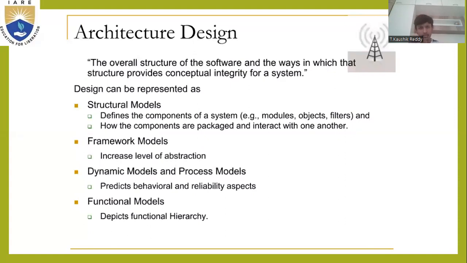The architecture design is the overall structure of the software and the ways in which the structure provides conceptual integrity for the system. Design can be represented as a structure model, framework model, dynamic and process model, and functional model. First, the structure model defines the components of the system, for example modules, objects, filters, and how the components are packaged and interact with one another.